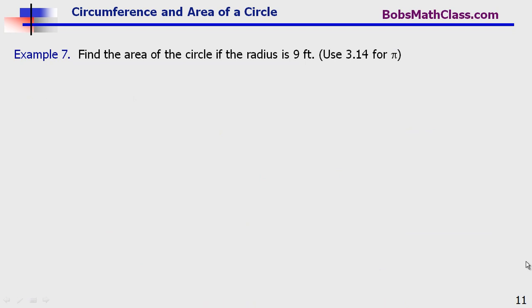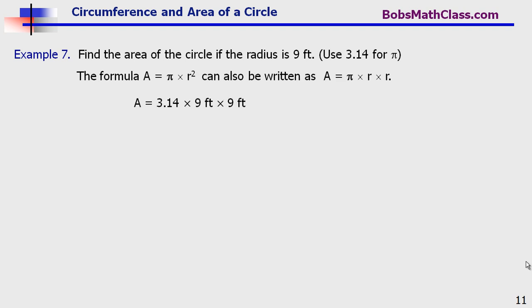Another problem. Find the area of a circle if the radius is 9 feet. Again, write down our formula. So 3.14 times 9 times 9. Let's multiply the two 9s first, right? So 9 times 9 is 81. And we'll put little square feet, feet with a little exponent of 2 that says square feet.